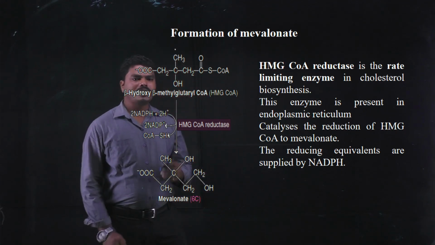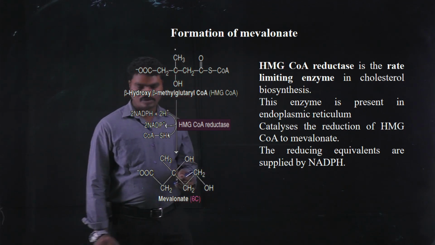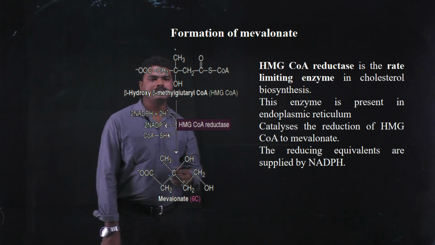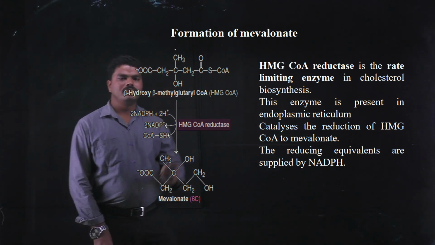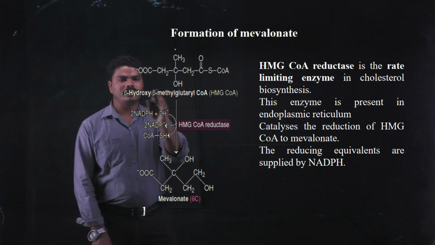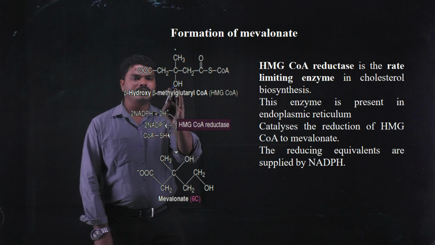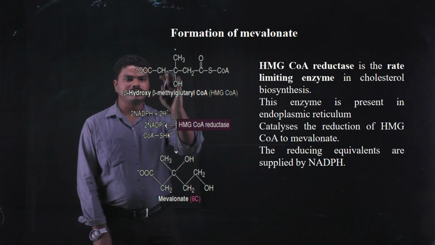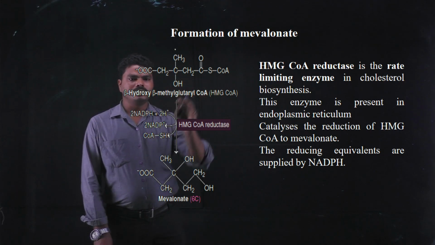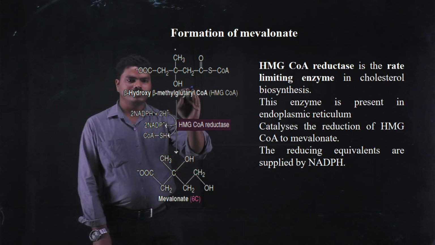And coming to the second step of cholesterol biosynthesis, that is nothing but formation of mevalonate. So in the first step, we saw the production of HMG-CoA, that is nothing but the beta hydroxy, beta methyl glutaryl CoA. So this is the structure of beta hydroxy, and this is the beta carbon.